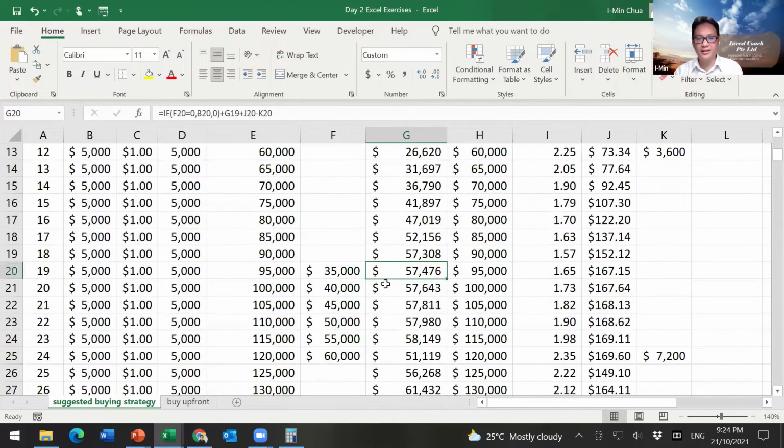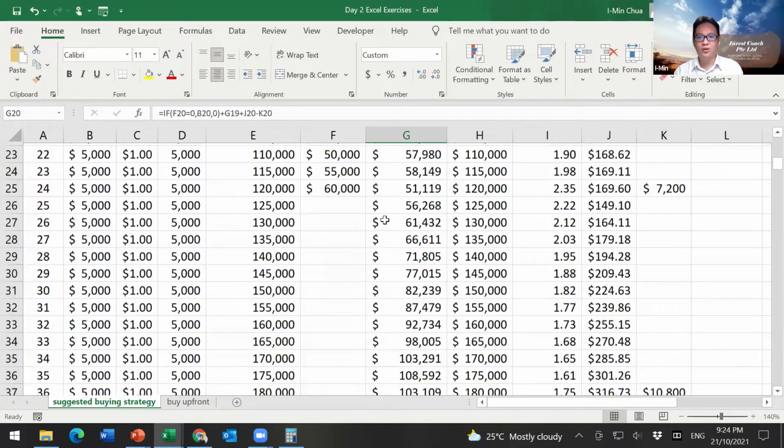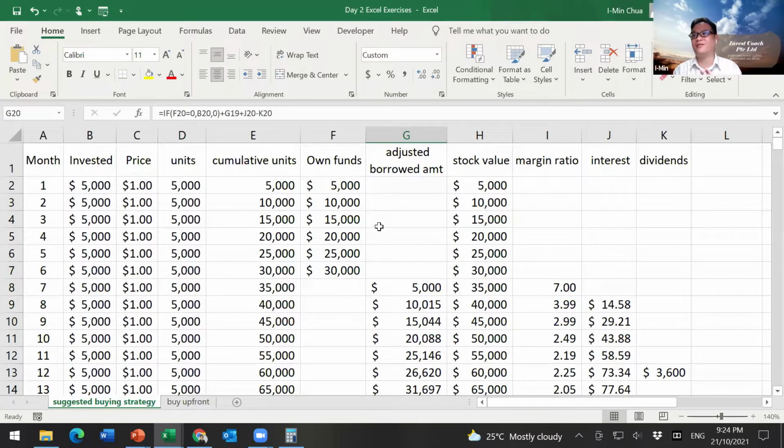Then you invest the next part, max out the loan, and so on and so forth. The reason you do this is so that you have a buffer fund, and if anything happens, you can afford to use the buffer fund to top up. So that's the whole idea here. If you want to play margin, it's good to have a buffer fund.